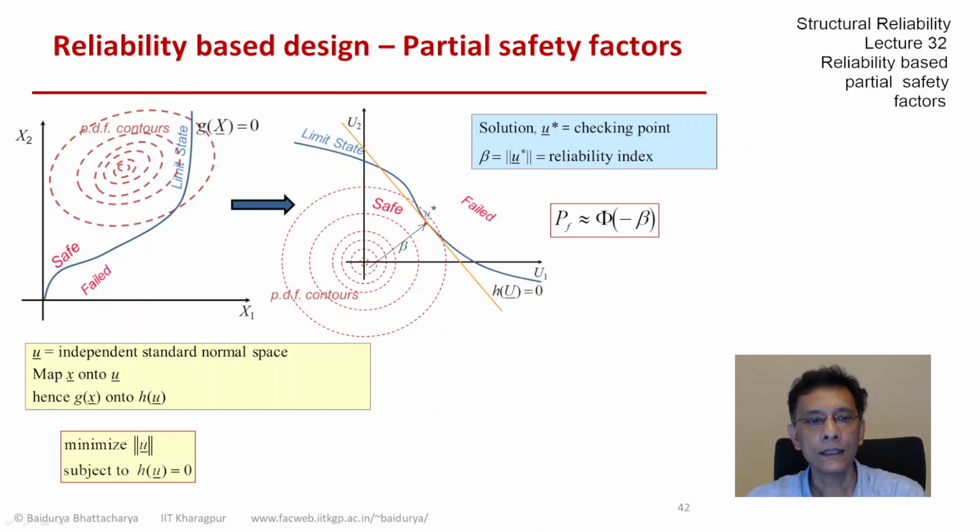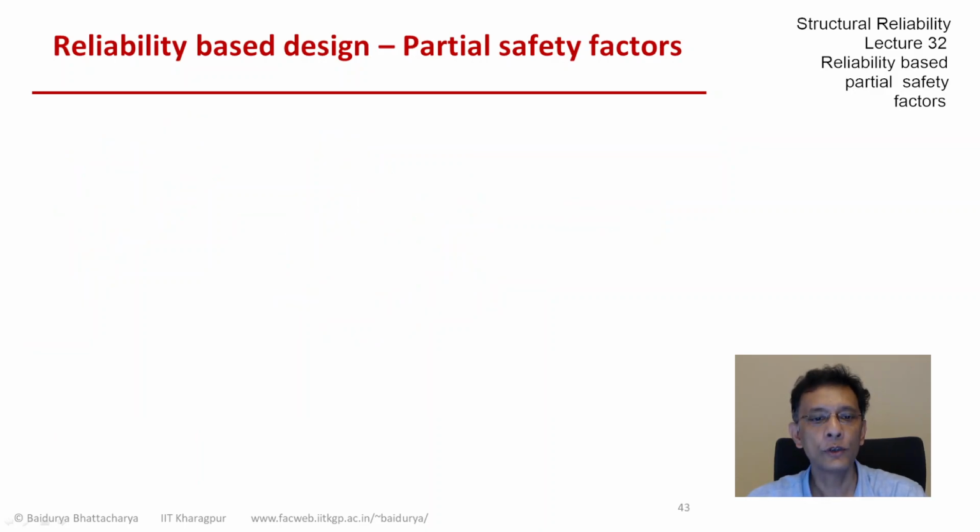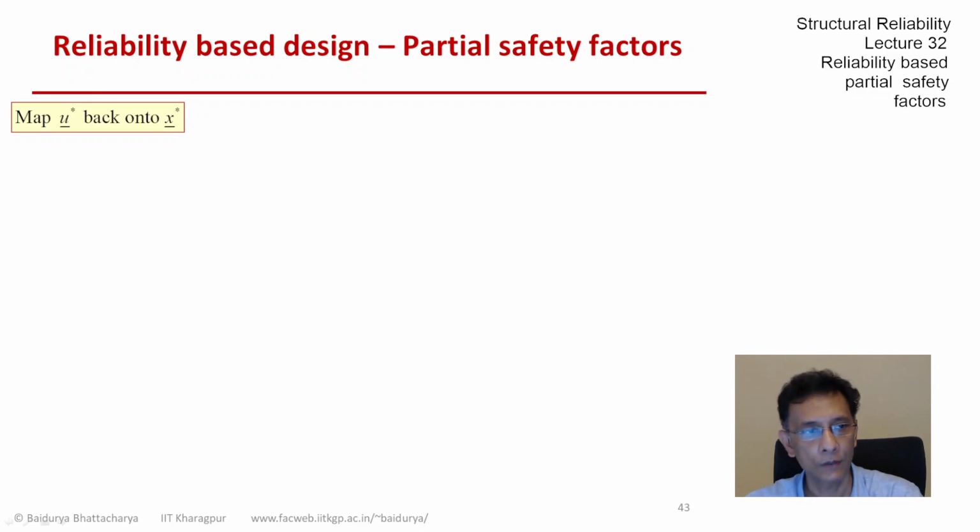However, the important point to note here is that if we can map from x to u through a one-to-one map, we can always go back from u to x, and in particular then we can map this u star, this minimum distance point, back onto x space and call it x star.